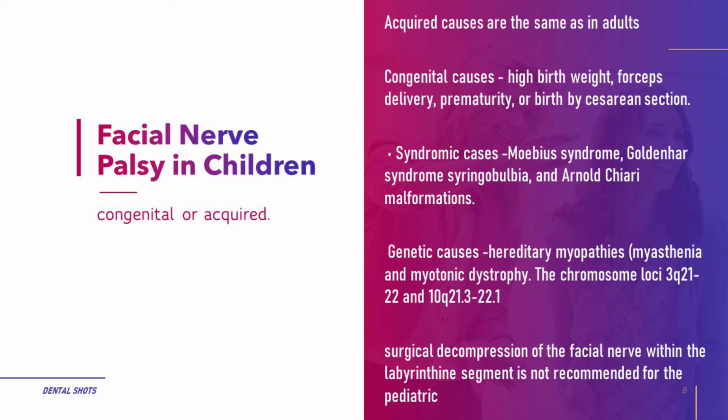The genetic cause is attributed to the chromosome loci 3q21 and 22 and 10q21.3 and 22.1. Some syndromic cases can contribute to facial nerve palsy in children, and surgical decompression of the facial nerve within the labyrinthine segment is not indicated in pediatric patients.